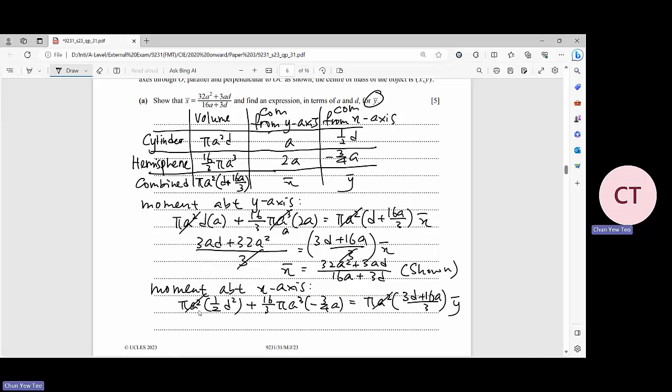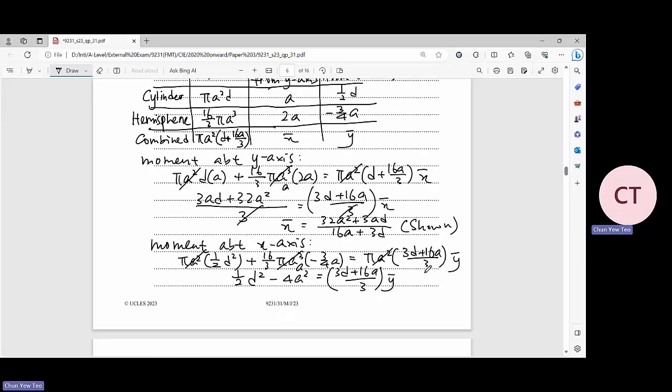So pi a square cancels. This one still has a. Then if you cancel it, you will get this one as a half d squared minus the 4a squared, is equal to the 3d plus the 16a over 3 bar y.